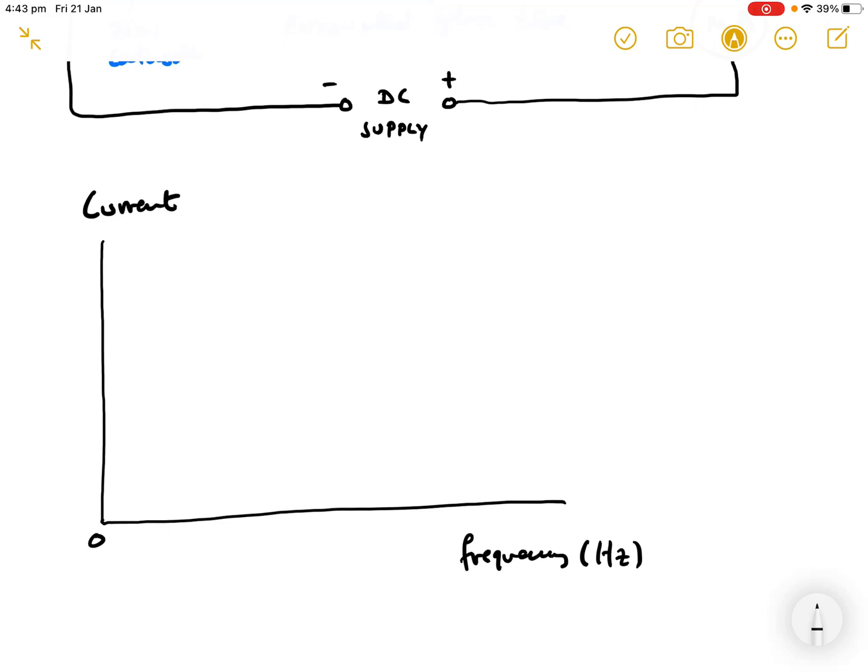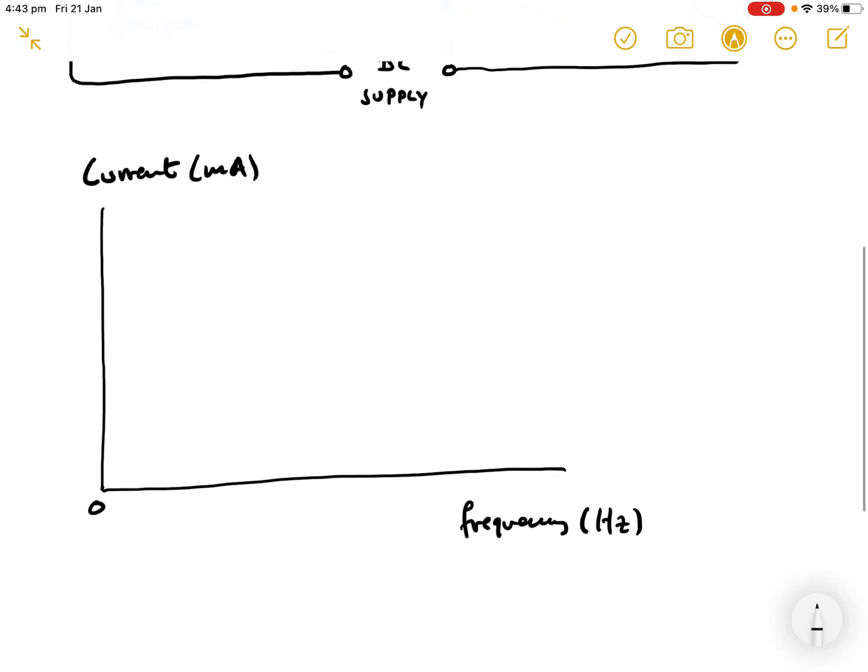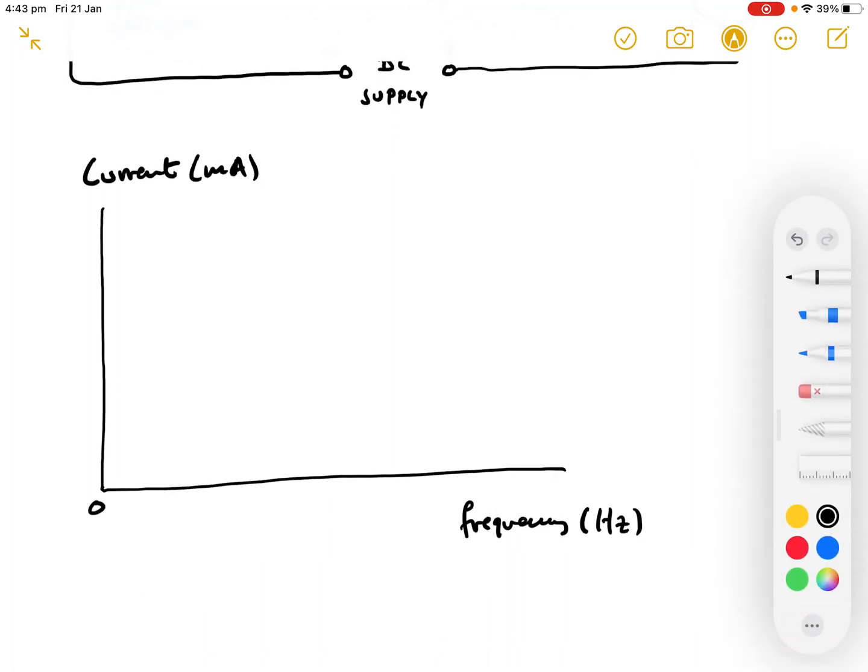And here's the current or photocurrent in milliamps. And what you find is that if the frequency is too low, you don't get any emission taking place at all, because the frequency of the photon is too low, therefore the energy of the photon is too small to liberate an electron. So the photon energy is less than the work function, and you don't get any photocurrent.